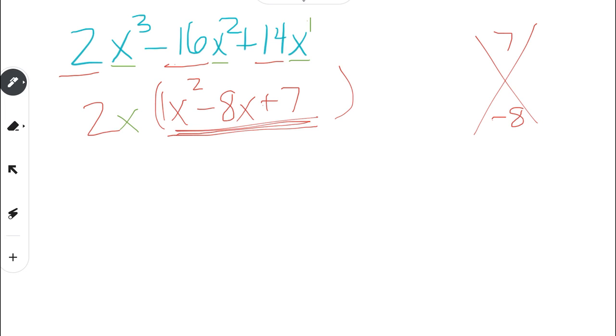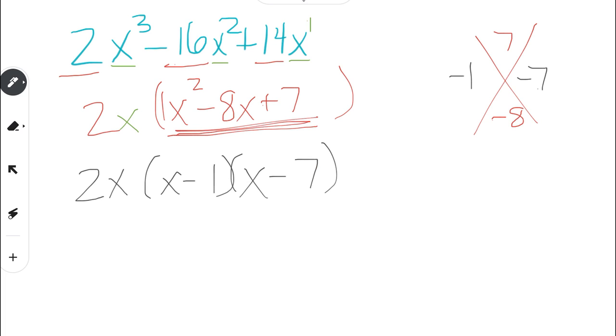The only two numbers that multiply to give you 7 are 7 and 1, since it's prime. And since the sum is negative 8, both of these numbers need to be negative. That means that x squared minus 8x plus 7 will factor into 2x times x minus 1 times x minus 7.